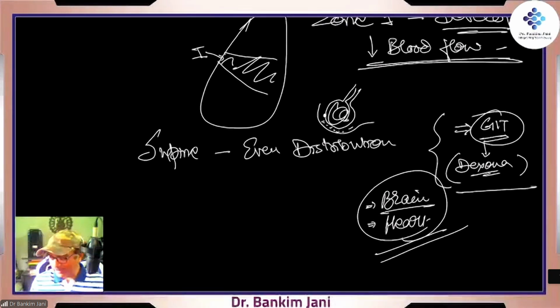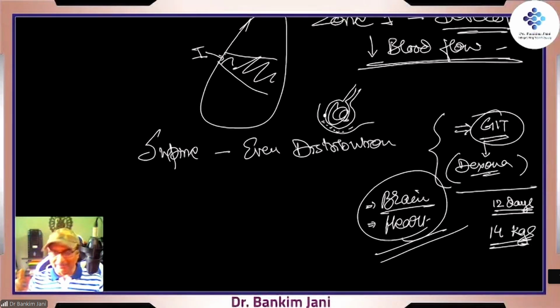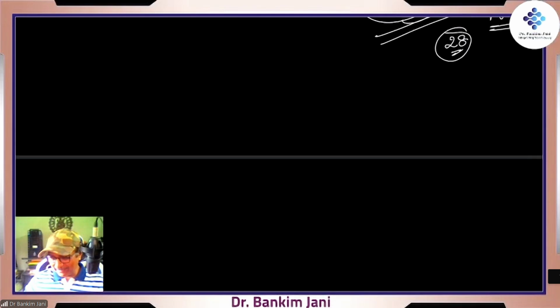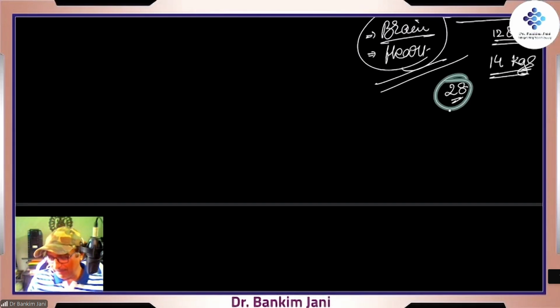I lost 14 kilograms in 12 days. That was absolute muscle loss. I think on my channel, that picture is also there. That is on the 28th day when I recovered. My students were messaging me every day. But on the 20th day, I said, now I am fine.